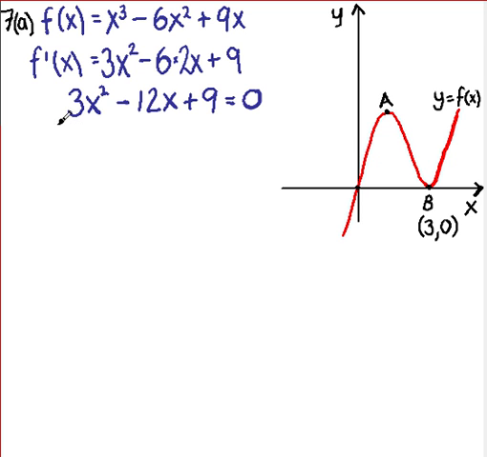So taking out a common factor of 3, we have 3 times x squared gives us 3x squared, then 3 times minus 4x, and then 3 times 3 to give us the 9. So having taken out the common factor of 3, now what we want to do is factorize this part in green into 2 brackets.